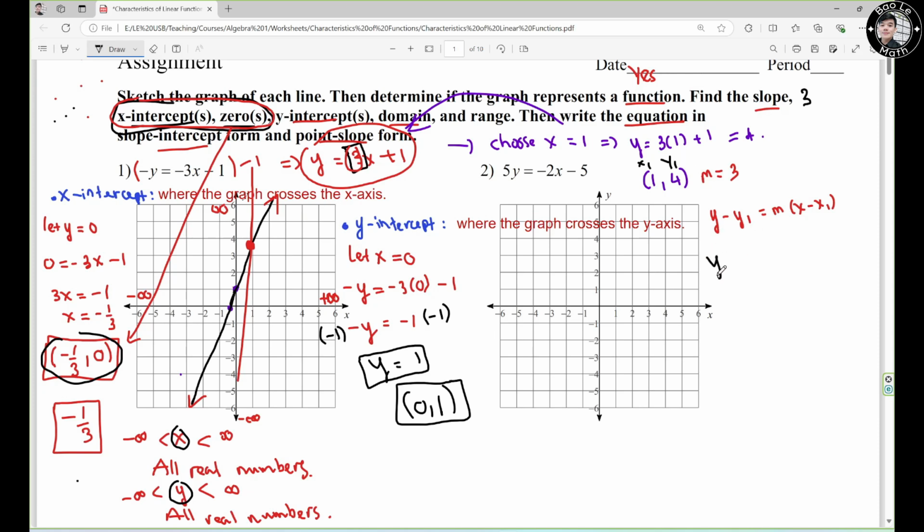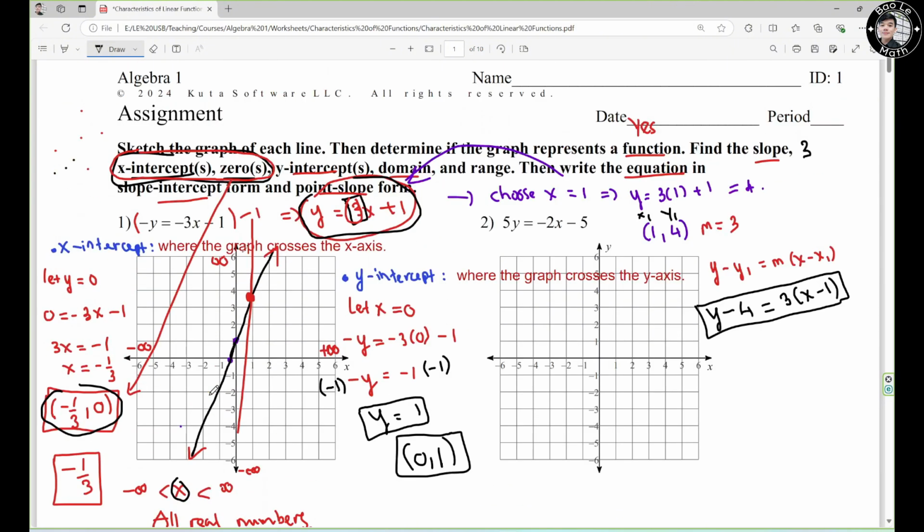So I have y minus y1, which means 4, equal to slope 3 times x minus x1, x1 equal to 1. And this is my answer for the point-slope form. This is for slope-intercept form. We have the y-intercept right here, we have the x-intercept right here, we have the domain and range right here.